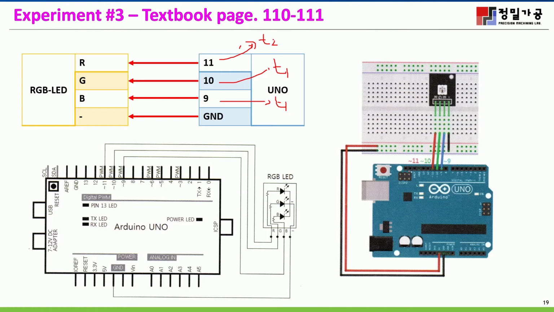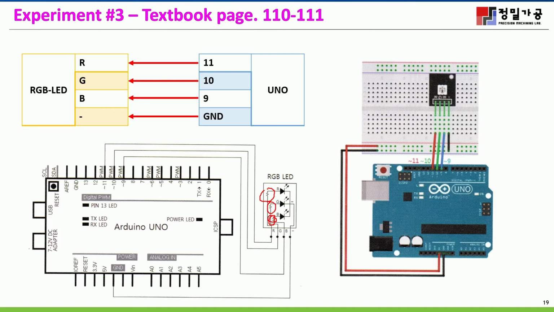This one is the schematic with pins 11, 10, 9 for red, green, blue, and this is the RGB LED. I think it's no problem for you. Just connect directly with the cable because this already has a built-in resistor, so you don't need to worry about it.